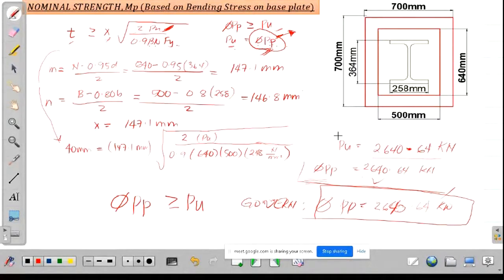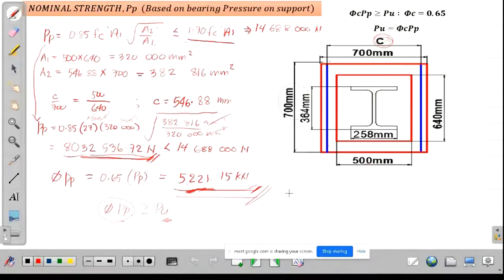Okay? So what governs is the smaller one. So our answer for number 2 is 2640.64. So that is what governs in our problem for number 2.